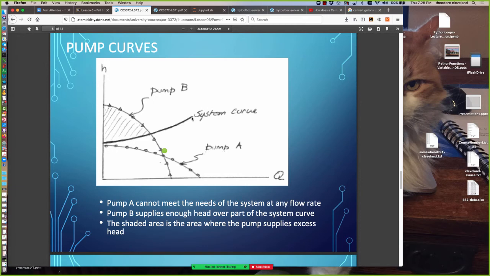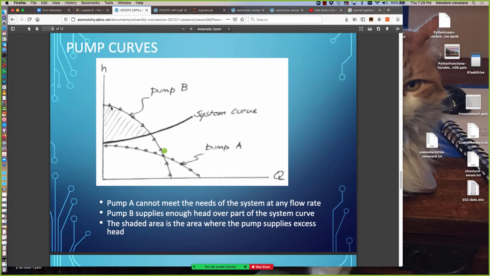And we can immediately see from this plot that pump A is insufficient for this system. So as a single pump, A can't supply enough head for the system to flow at any flow rate.